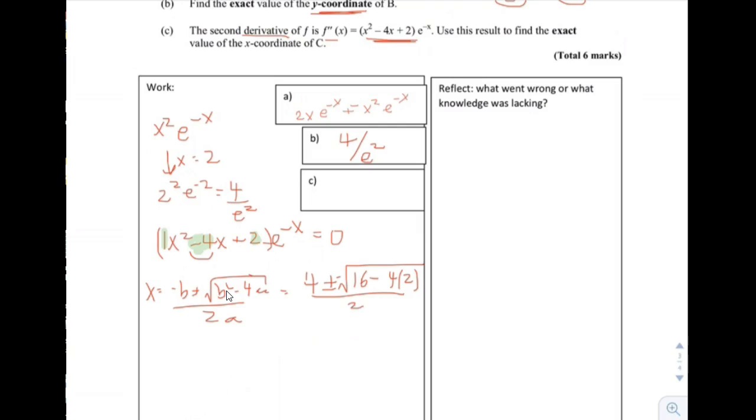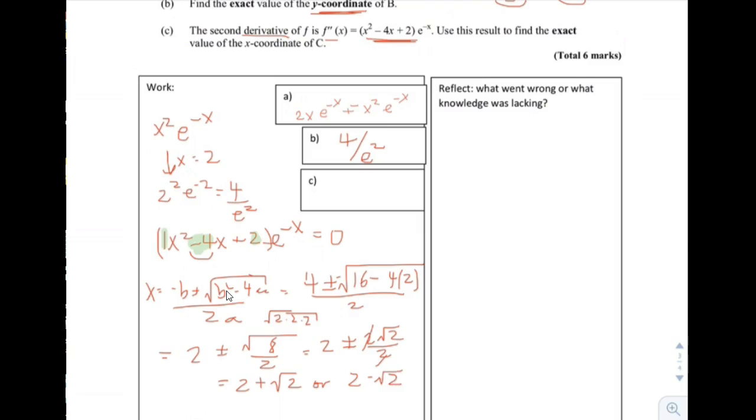Okay, so that gives us 2 plus or minus the square root of 16 minus 8, which is 8, divided by 2, which is equal to 2 plus or minus, and 8 is actually the square root of 2 times 2 times 2, right? So actually that's equal to 2 square root of 2 over 2, so the 2's cancel out, and we're left with 2 plus square root of 2, or 2 minus square root of 2.